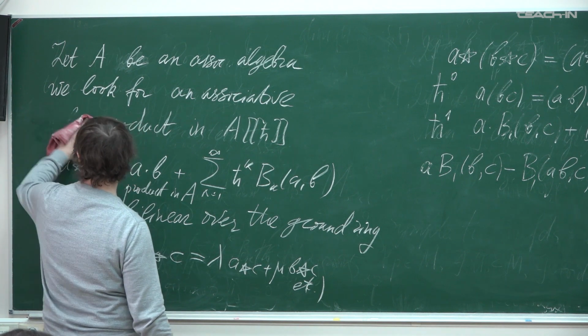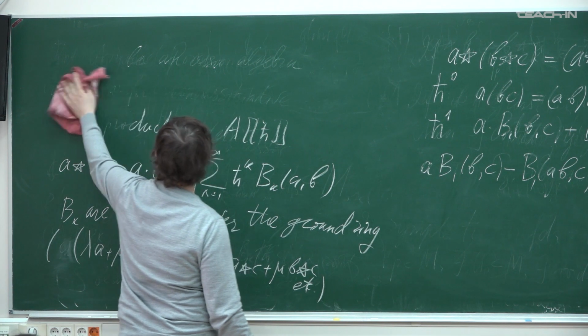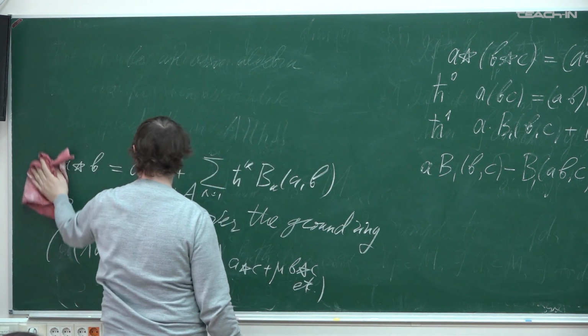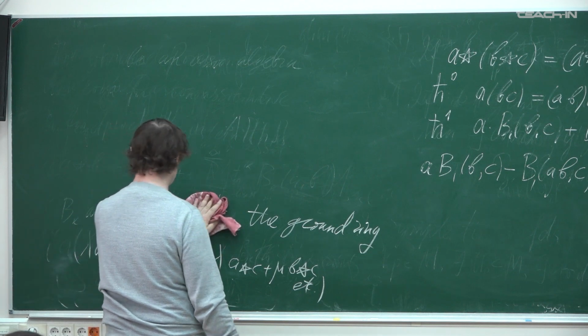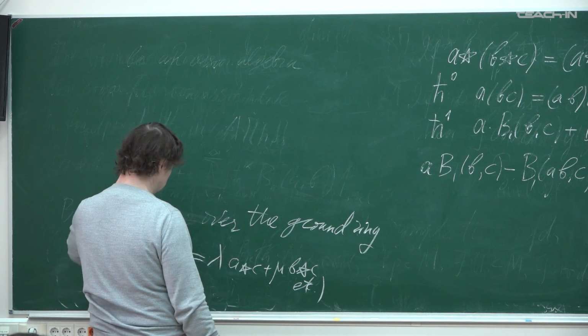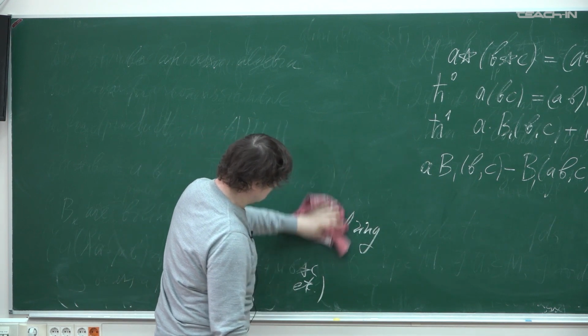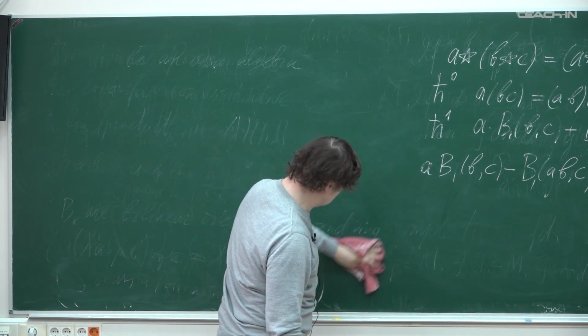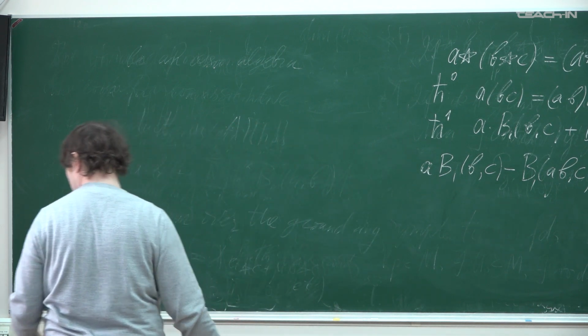So in the case of deformations of associative algebras, this complex is well known. I think it appeared in the 1940s for the first time. At that time, nobody actually expected that this complex would play such an important role in the deformation theory.